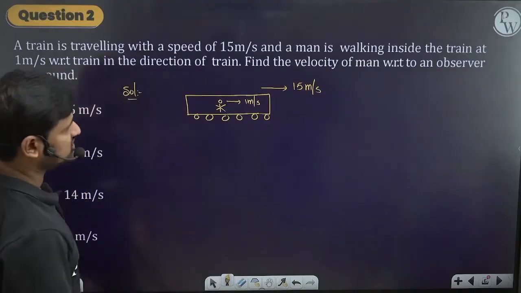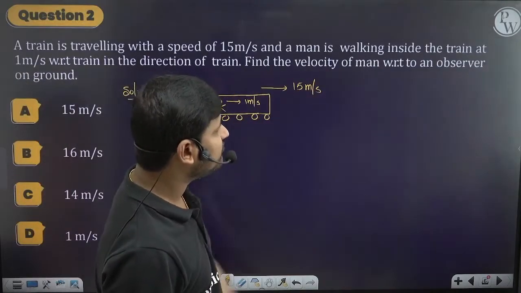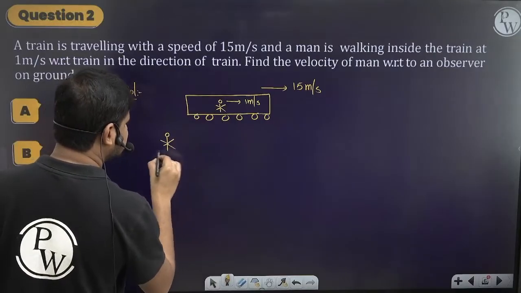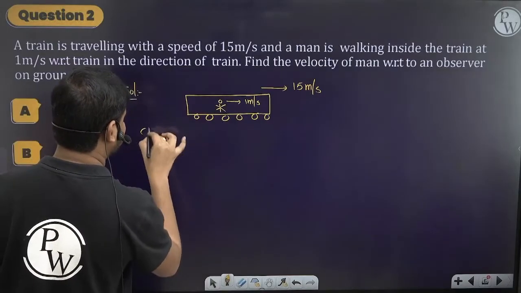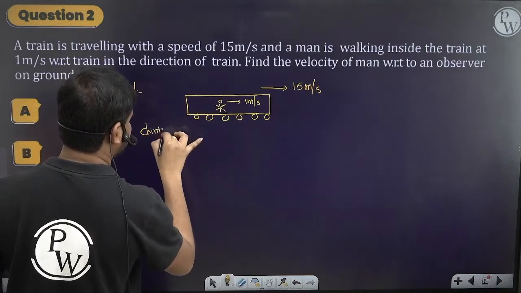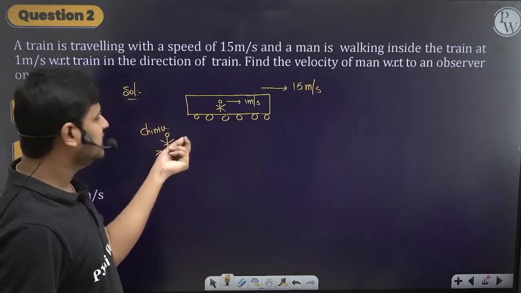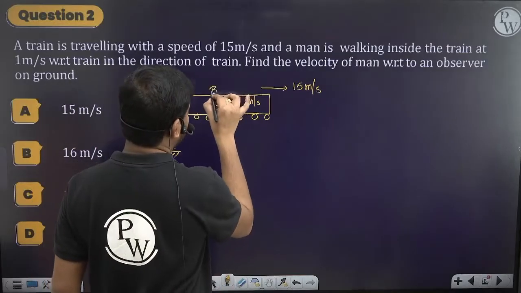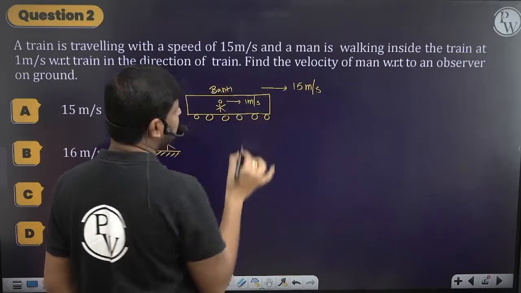Next, we have to find the velocity of the man with respect to an observer on the ground. Let's suppose there is an observer on the ground. Let's suppose Chintu is an observer who is on the ground. So Chintu is now observing this guy. Consider this guy as Bunty. So Chintu is observing Bunty.